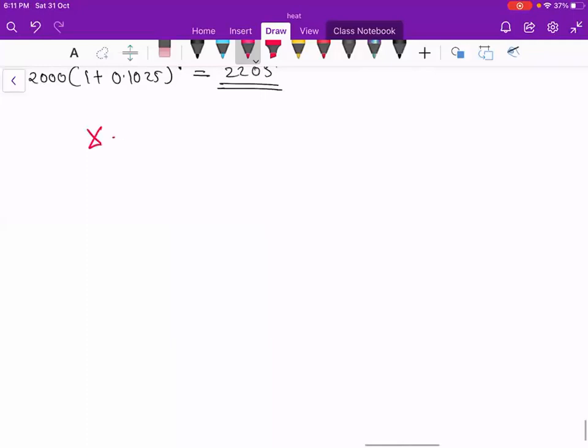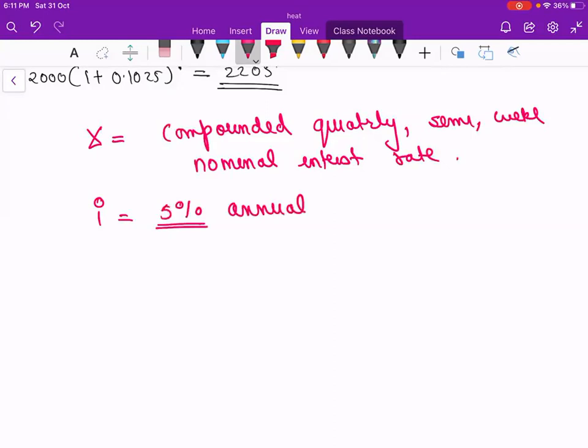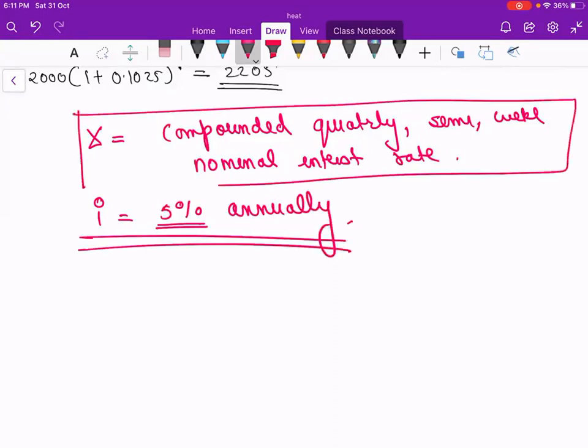If they have given R, they will use the word compounded: quarterly, semi-annually, weekly, any such word, or they will use the words nominal interest rate. If they have given I, they will say I is 5%, interest rate is 5% annually. If they have given R, they will use these words.